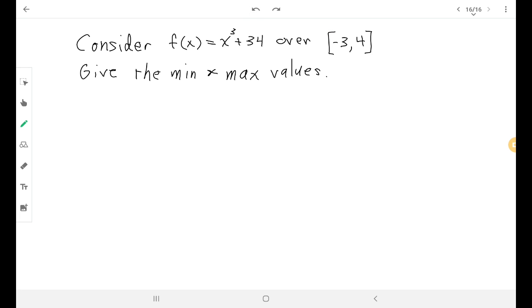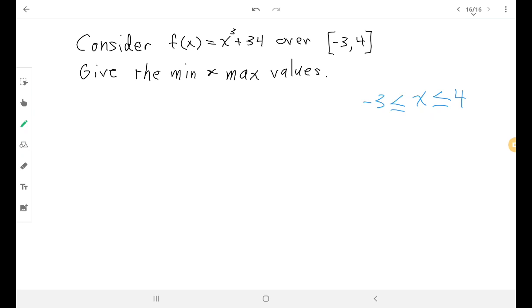Another way of putting this would be that x is between and including -3 and 4. We're just going from -3 to 4 in x values, and we're including -3 and 4.